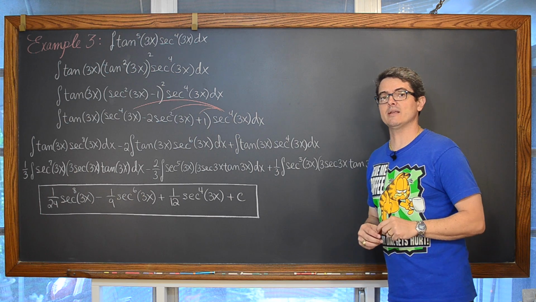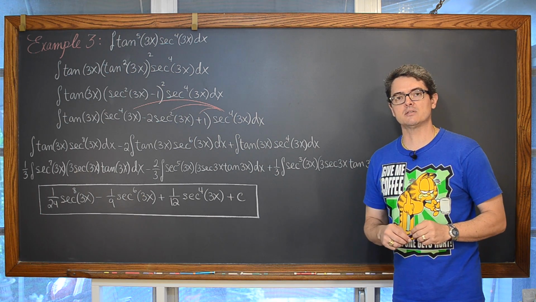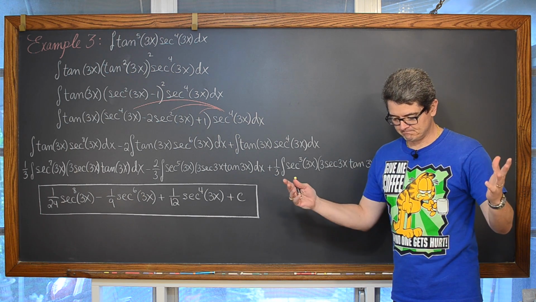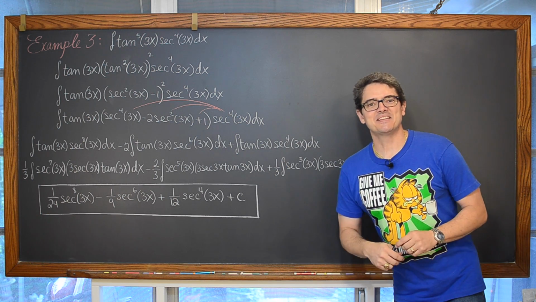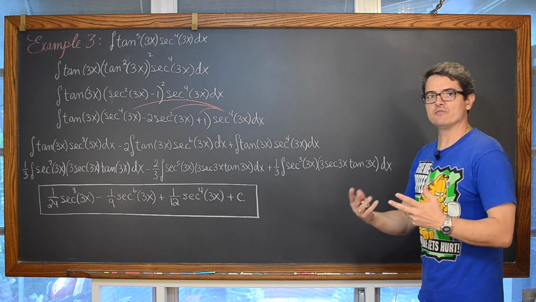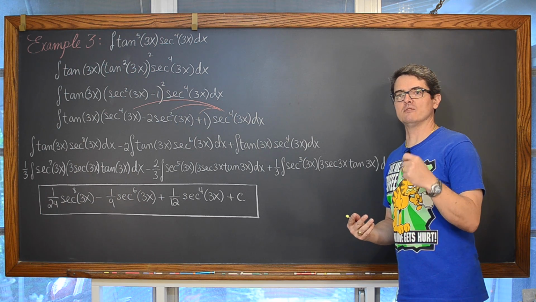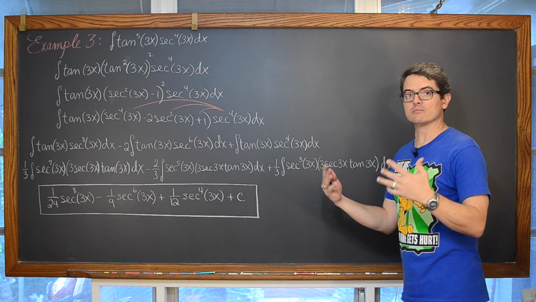We have a power of 2 in that derivative, as opposed to the derivative of secant, which is secant and tangent. Not only do we have two factors, but we have powers of 1 as opposed to powers of 5 or 4 or 2.